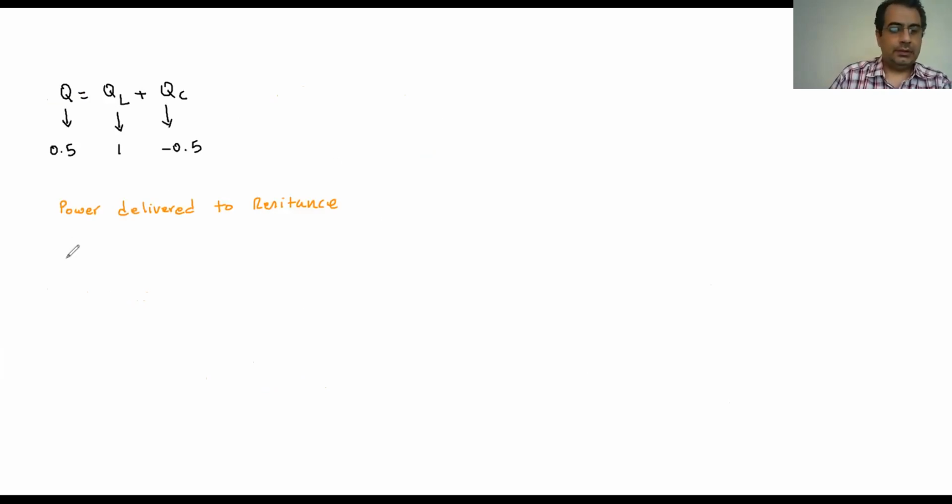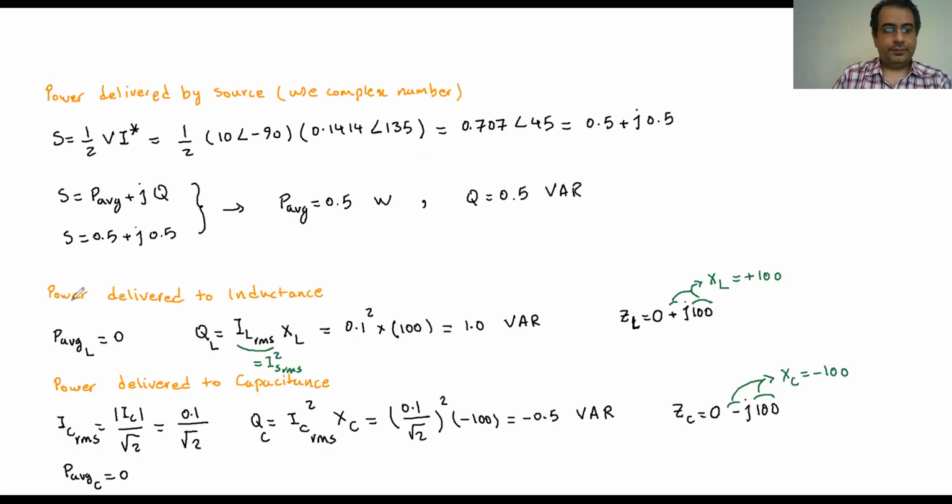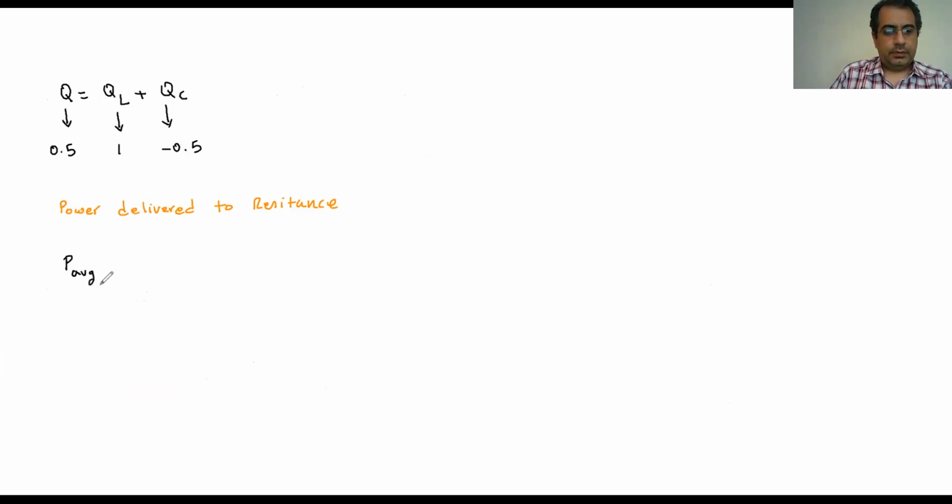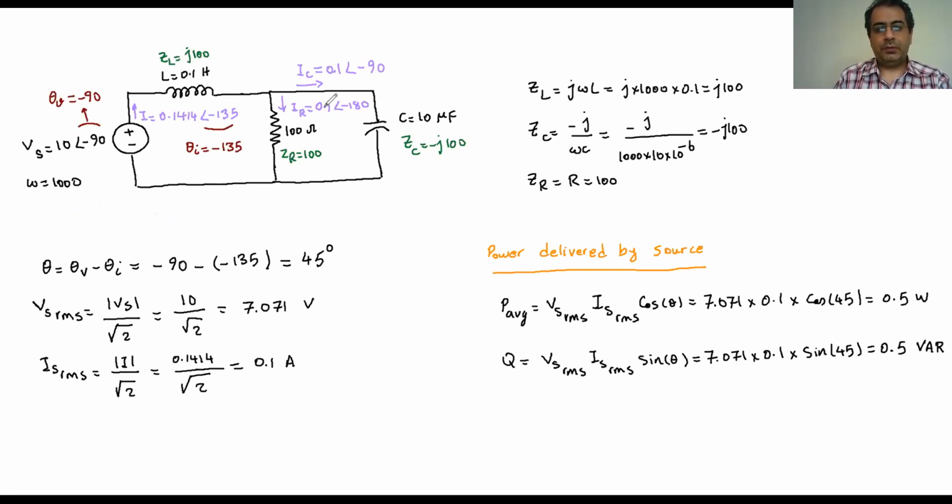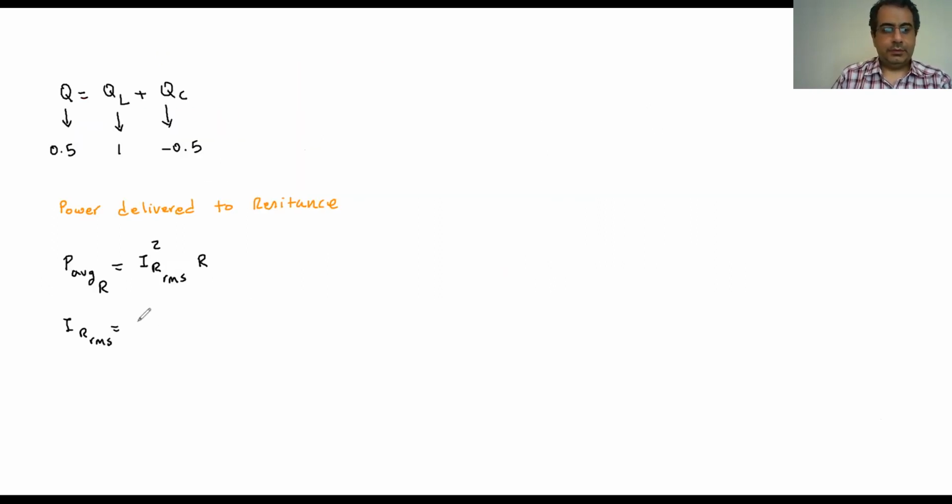So the average power delivered to the resistance is the root mean square current squared times R. If we go back here, we know the current that goes through is 0.1, so it's going to be 0.1 divided by the square root of 2.